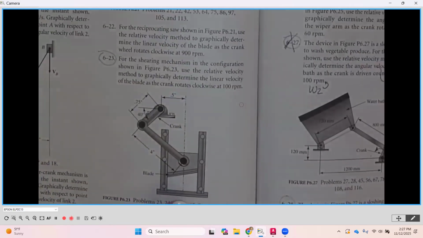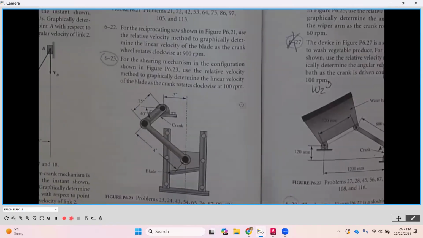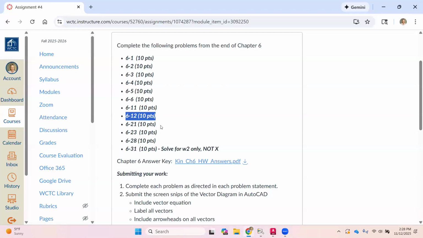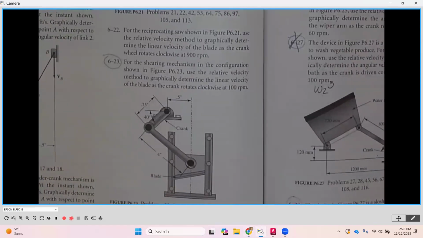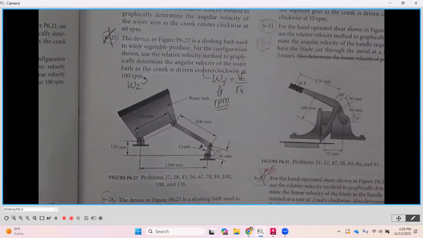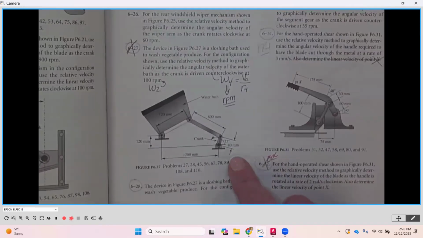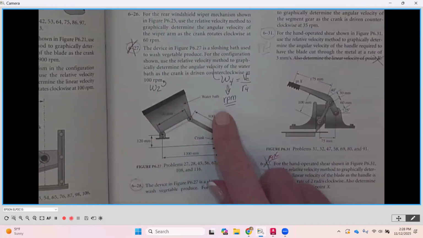So this is again like the second to last problem that we did in our handout. Let me look back here. So that's 621, 623. Our next one is 628. The device in figure 627, we just did this problem.